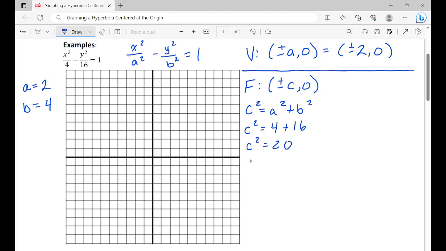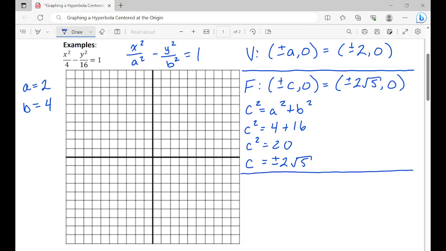And then square root of both sides. c equals plus or minus 2 root 5. So we now know c, so we can plug it in here for our foci. And it's plus or minus 2 root 5 comma 0. And there are my foci.